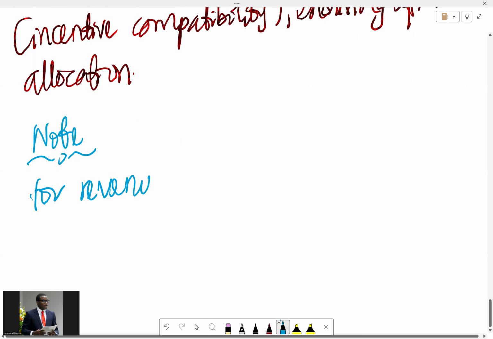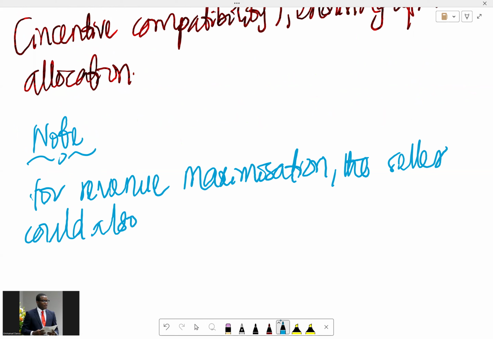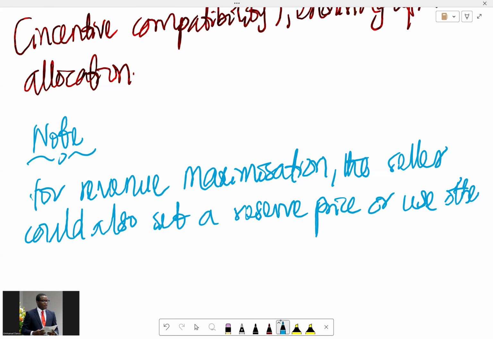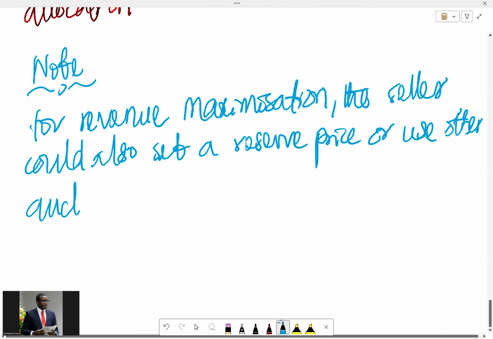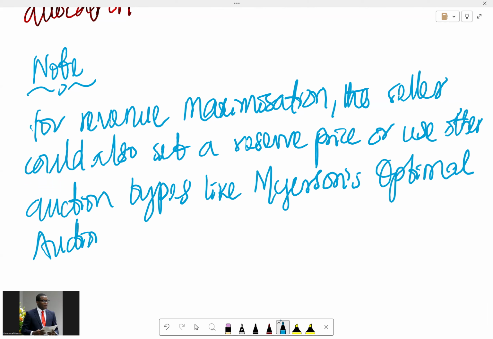For revenue maximization, the seller could also set a reserve price, or use other auction types like Myerson's optimal auction for specific conditions.